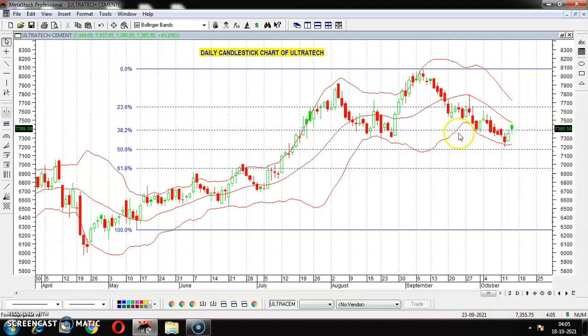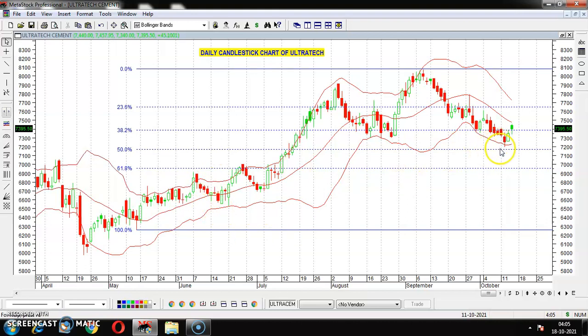You see particularly in this area, the distance between the lower and upper band is very high. That's why there is high volatility over here. In comparison, here there is low volatility, as the distance between lower and upper is very low.